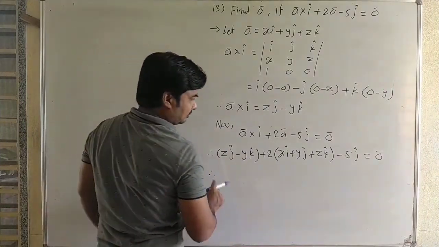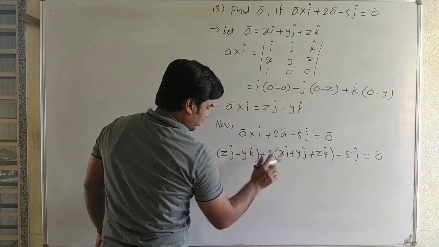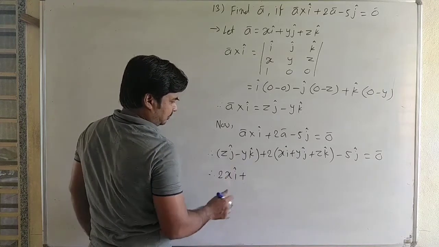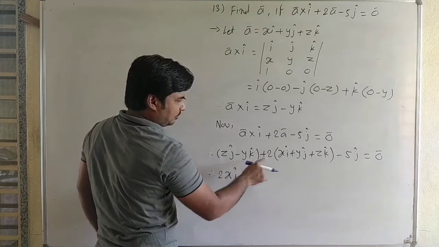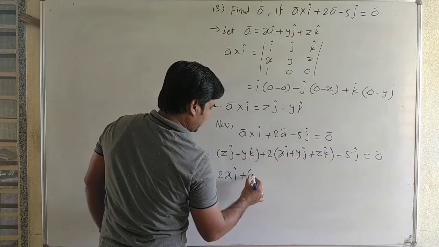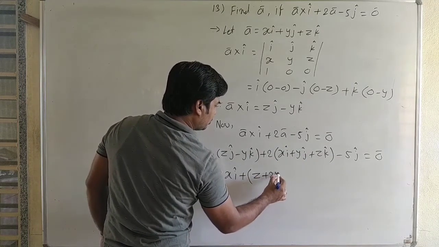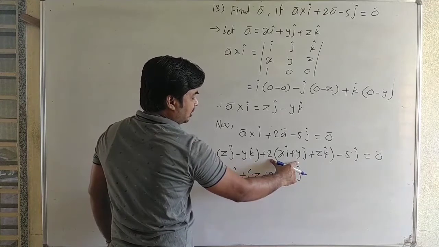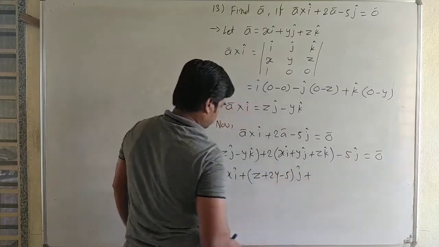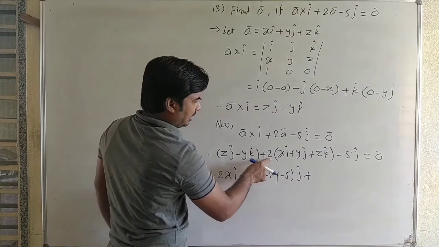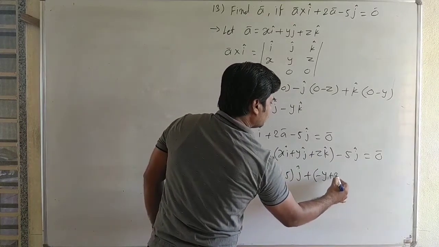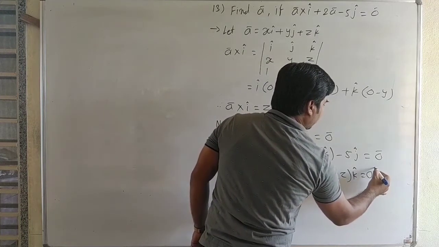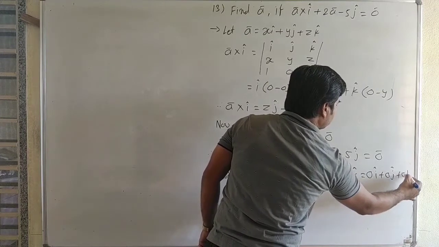Now here i, it is only i, it is 2x. Therefore you can write 2x i cap plus, now j. Here see carefully, z j, 2y, and it is minus 5. That is z plus 2y minus 5 into j cap, plus now it is k: minus y, and it is 2z, k cap is equal to 0 i cap plus 0 j cap plus 0 k cap.